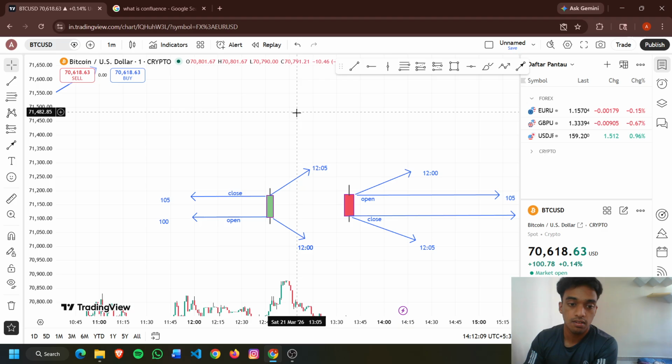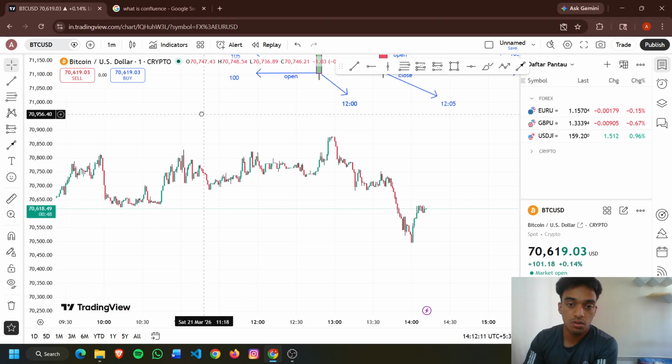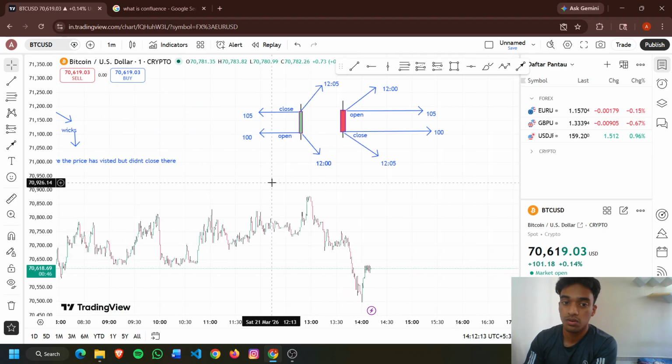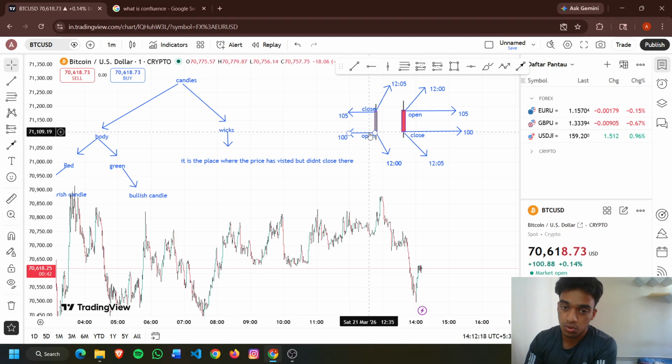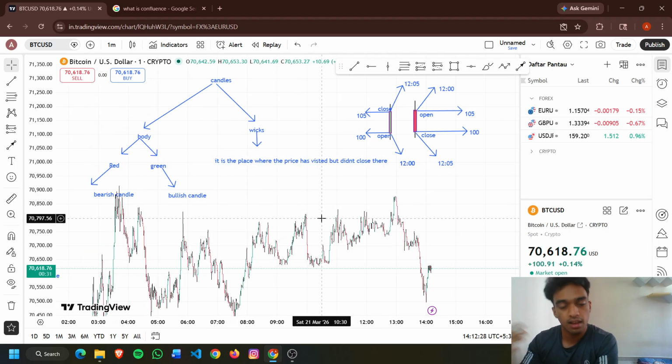After this, I want you guys to know, I hope everyone understood how candles are formed. So the buyers push the market. If the price is at 100, the buyers push it to 105 during the time of 5 minutes for this example, the 5-minute time frame. Similarly, for every other example.